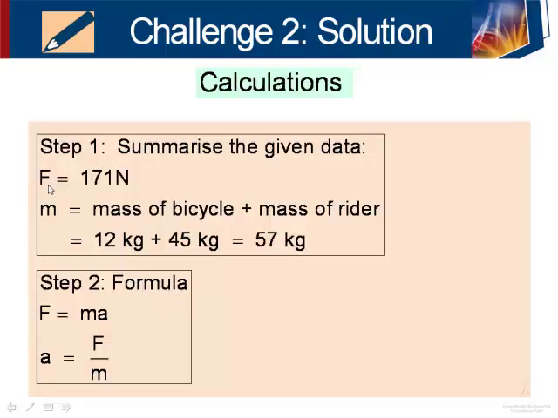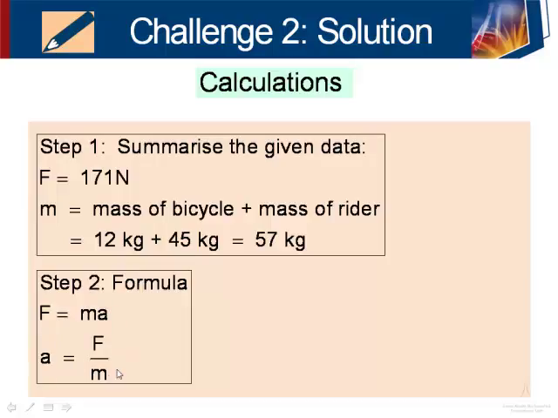Remember, we have the known applied force and the known variable mass. So we can use Newton's second law equation: force equals mass times acceleration. We have applied force as a known variable, the mass as a known variable, and therefore we can calculate the unknown acceleration. We need to make acceleration, the unknown, the subject of the formula.